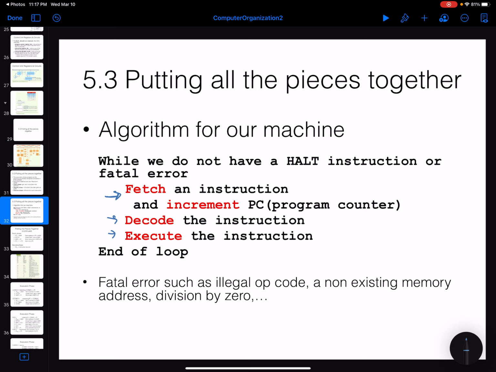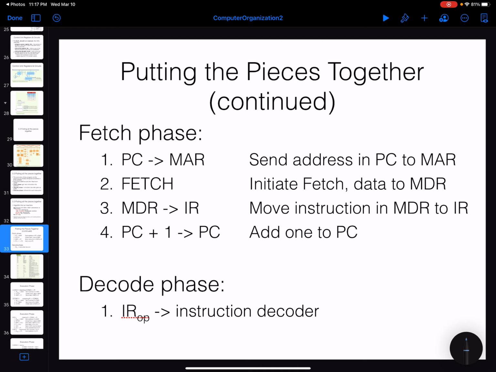When you say fetch, it means you need to send out the address from PC, the program counter. The register program counter contains the address of the next instruction, right? That instruction needs to be loaded from the memory, needs to be fetched from the memory.